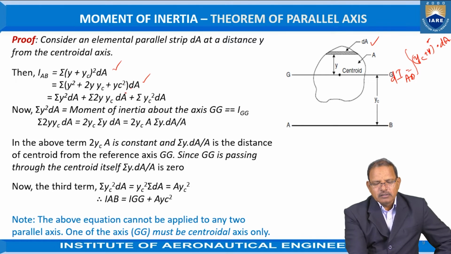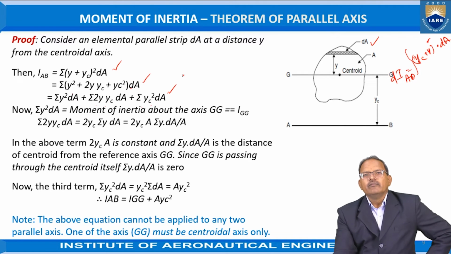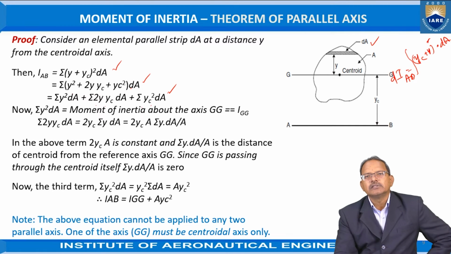Expanding again, it can be written as sigma Y square dA plus 2 YC sigma Y dA plus sigma YC square dA, where sigma Y square dA represents the moment of inertia of that entire area about its centroidal axis.